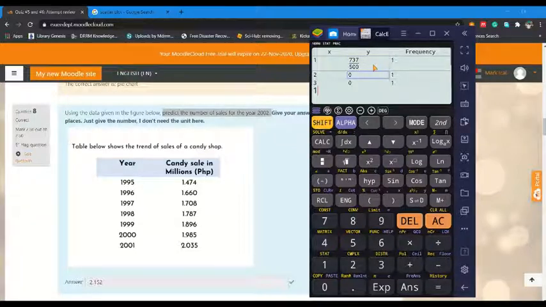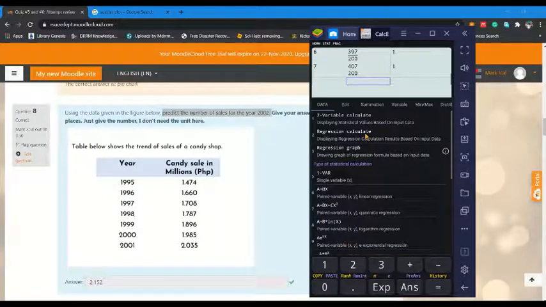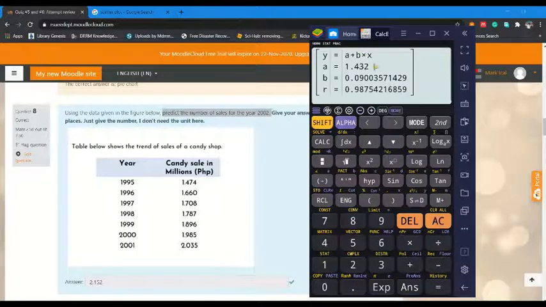Ang next is 1.66, 1.708, 1.787, 1.896, 1.985, 2.035. Right? So, shift, then stat, then regression. Okay, so ito yung formula. So, 1.43. So, ito yung formula.